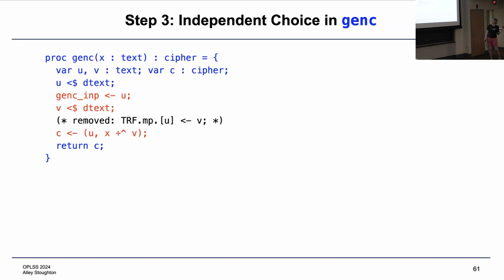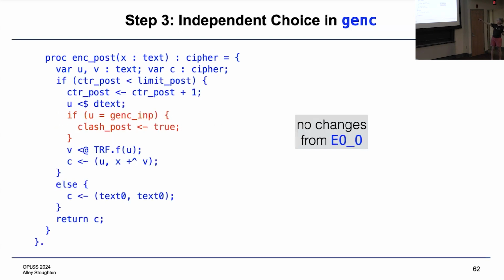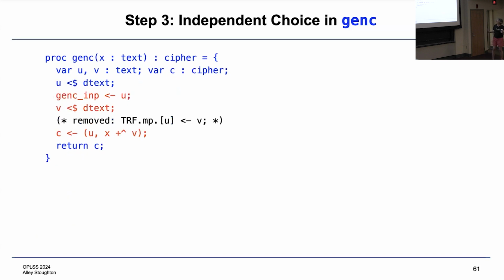But unless this bad event happens here, we'll never even notice that. That's the way to think about it. So the cool thing about this is that we're picking a random V and we're only ever using it once. And so this is going to be crucial in the step after this.